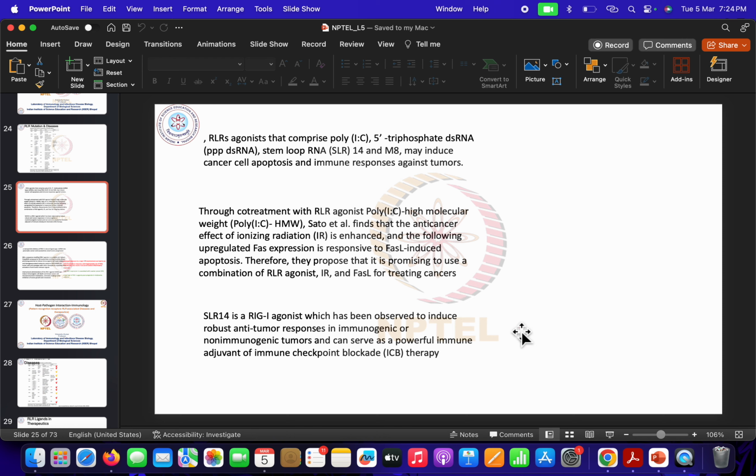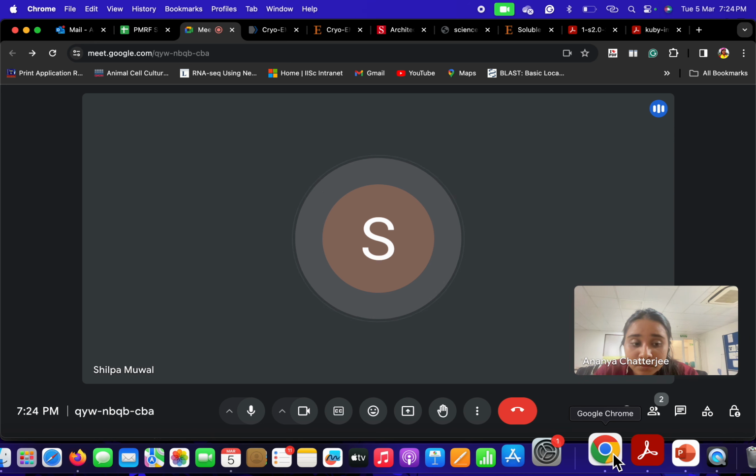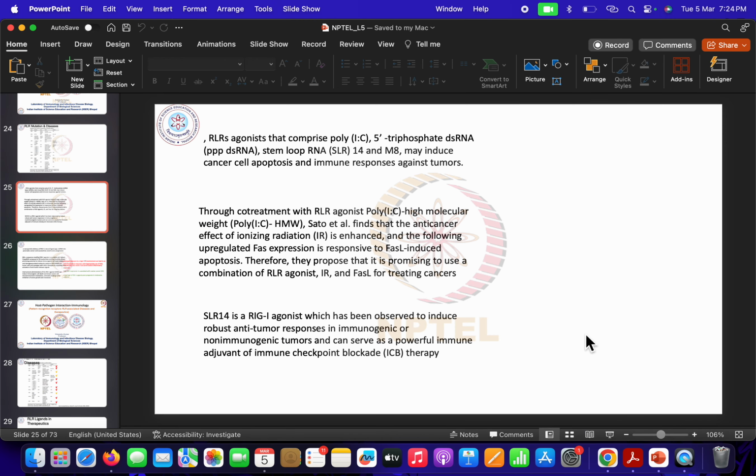SLR14 is a... okay, got it. It will be an agonist of RIG1, but antagonist of what?